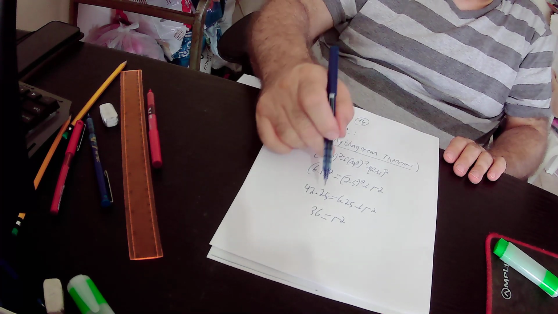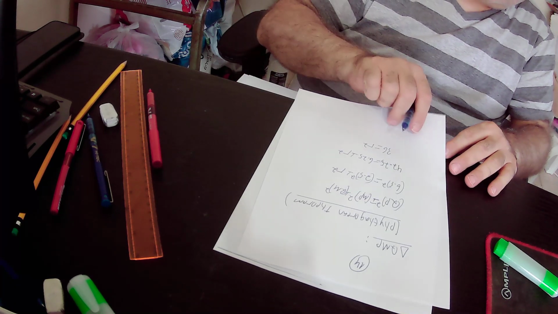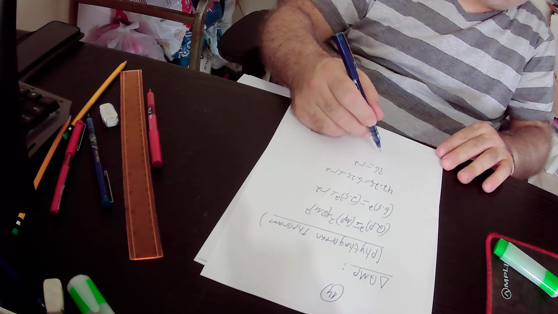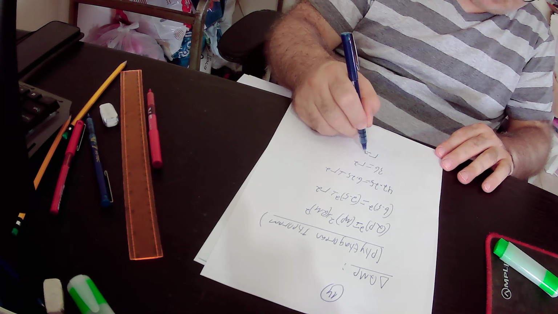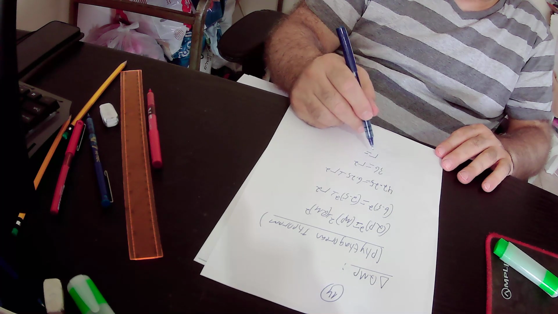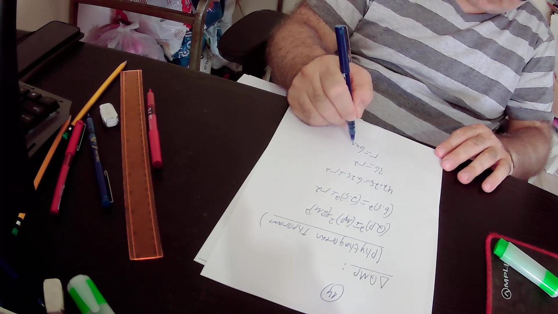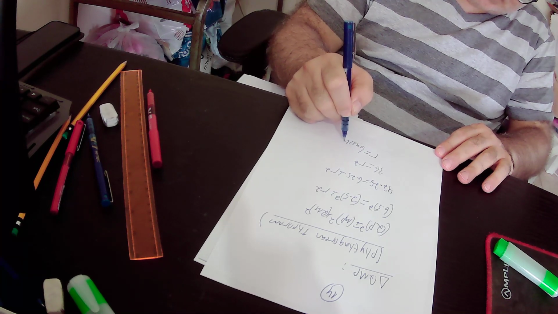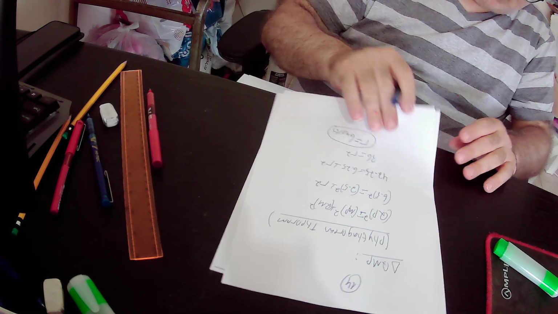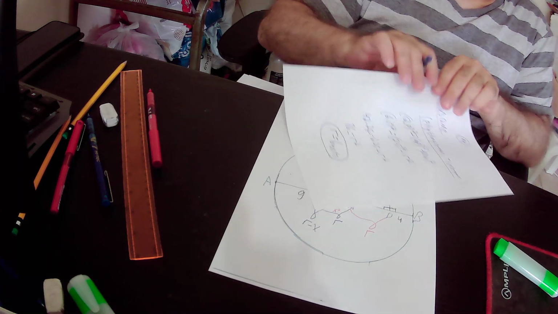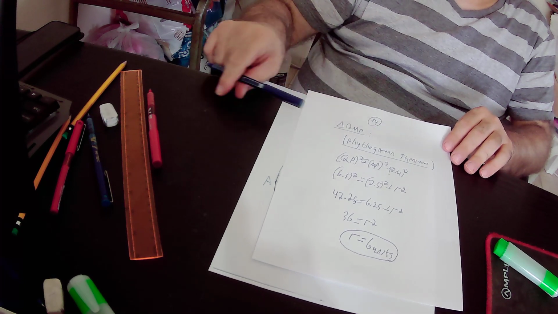Here we take the root of this equality, and we get that the radius of the small circle equals the root of 36, and the root of 36 is 6. So the radius of the small circle equals 6 units.